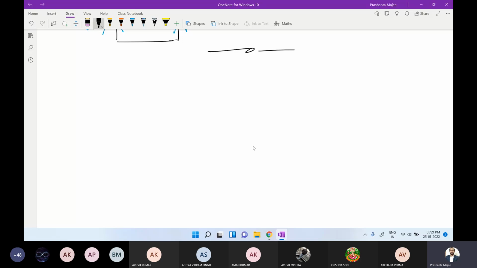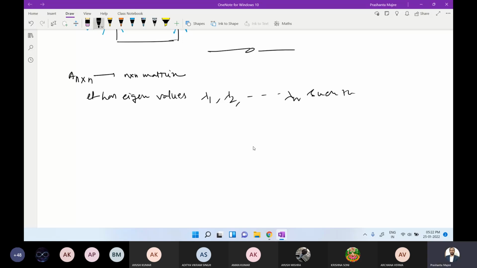So suppose A is an n cross n matrix, and it has eigenvalues lambda 1, lambda 2 up to lambda n. You have n eigenvalues for an n cross n matrix, isn't it?